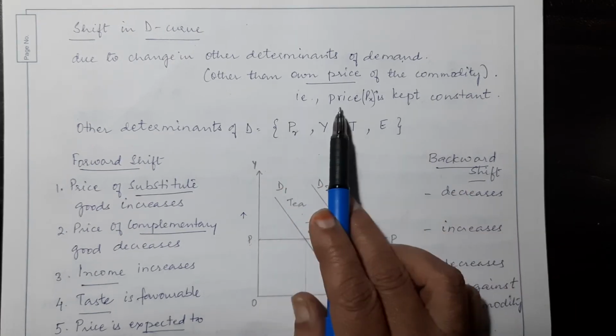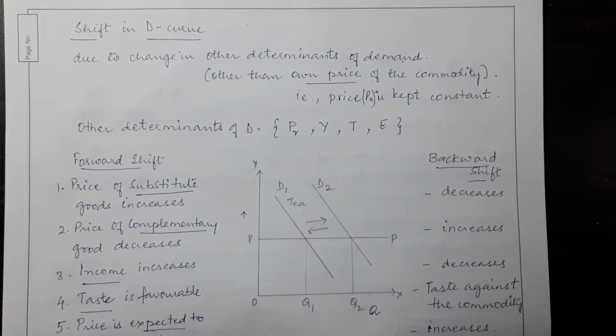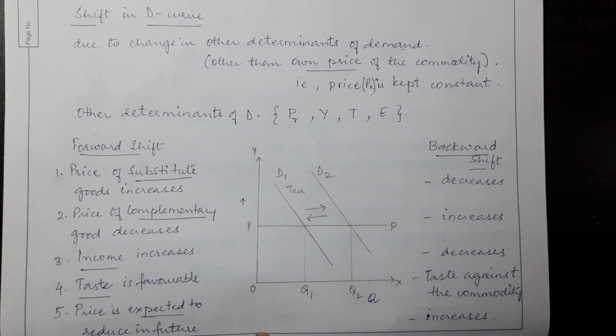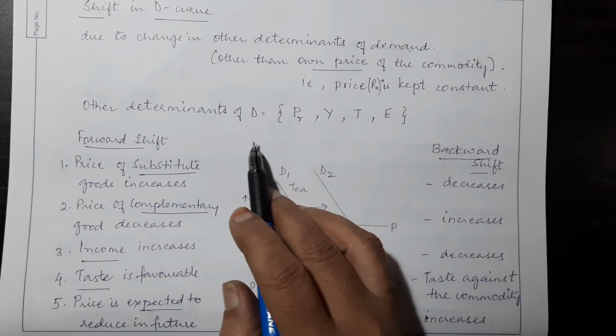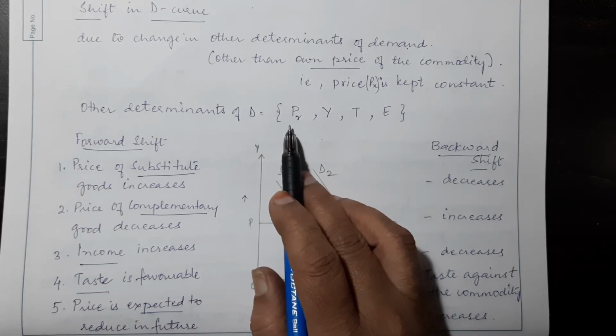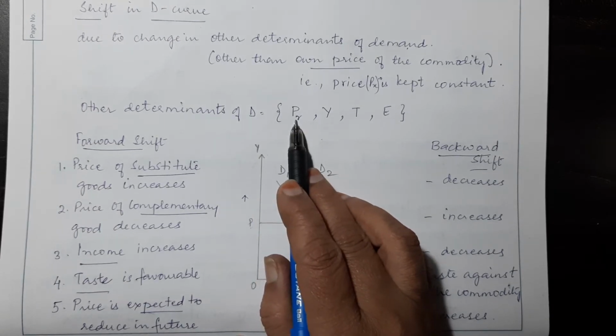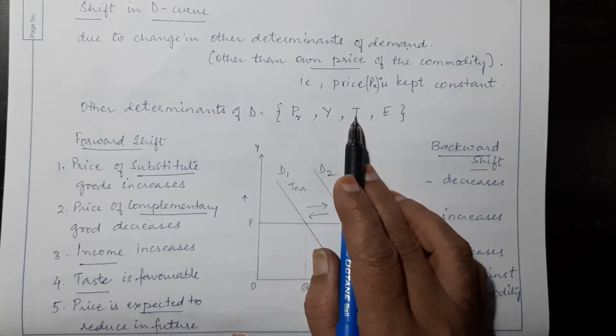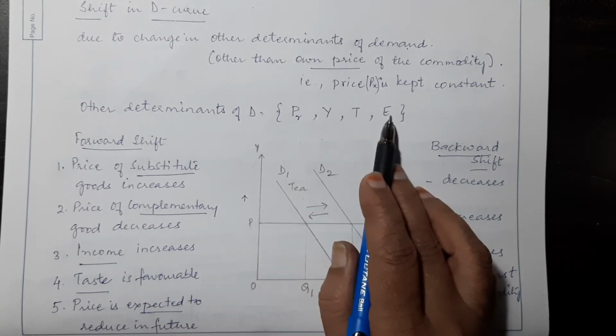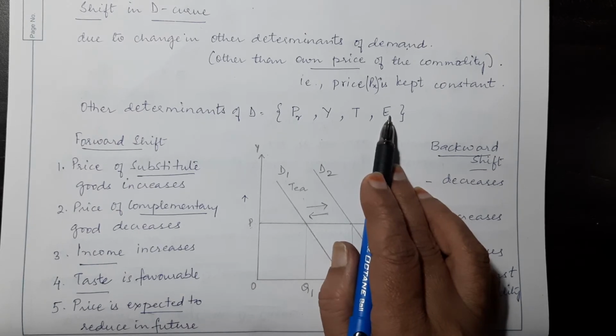It means that the own price of the commodity is kept constant. Let us list the other determinants of demand. The demand function says that the other determinants are price of the related goods, income of the consumer, tastes and preferences of the consumer, and the expected change in price of the commodity.